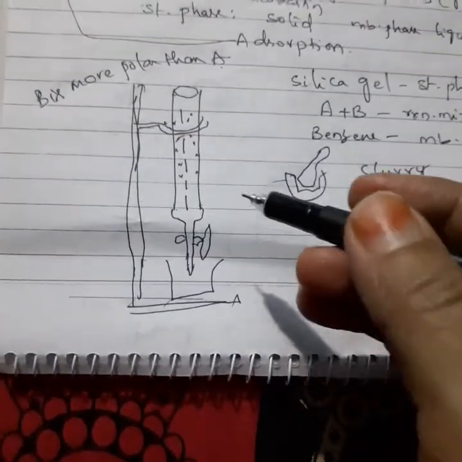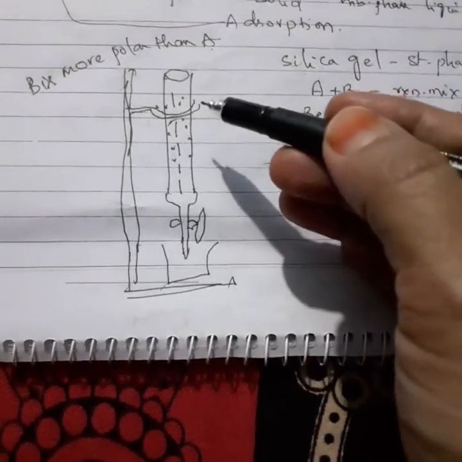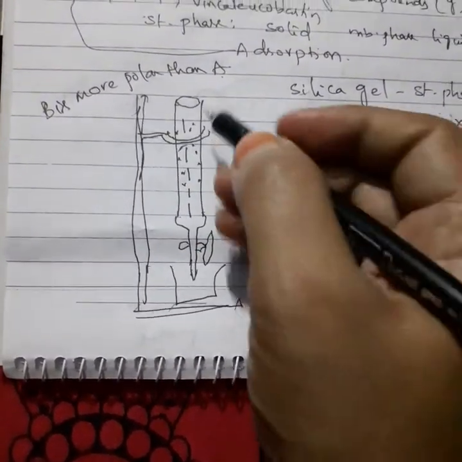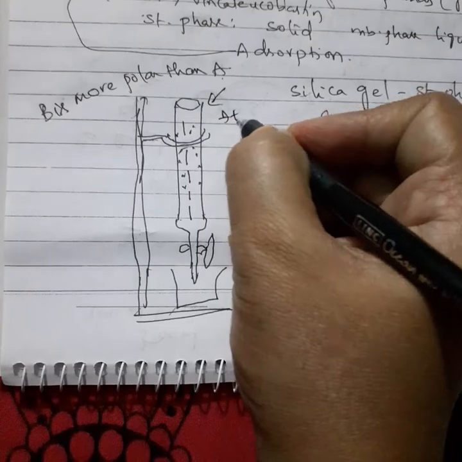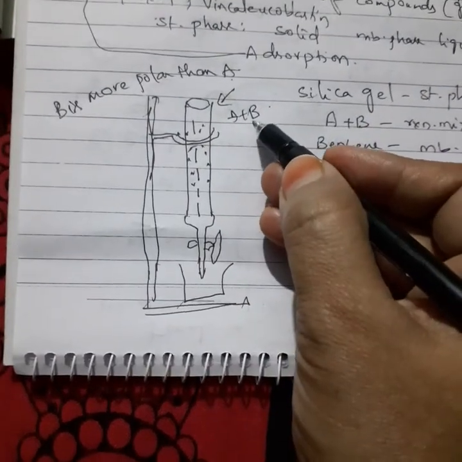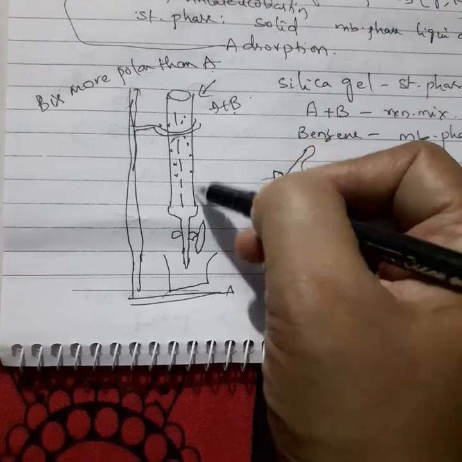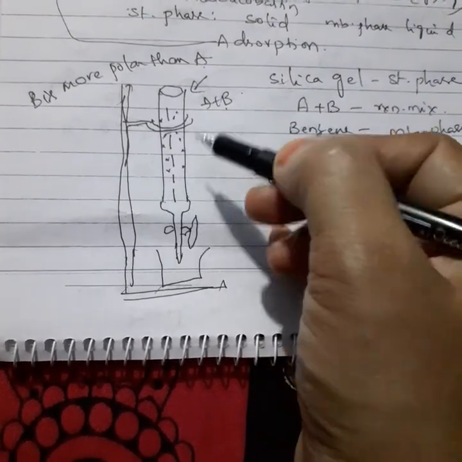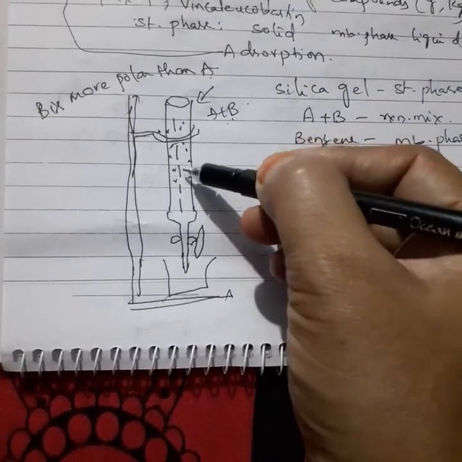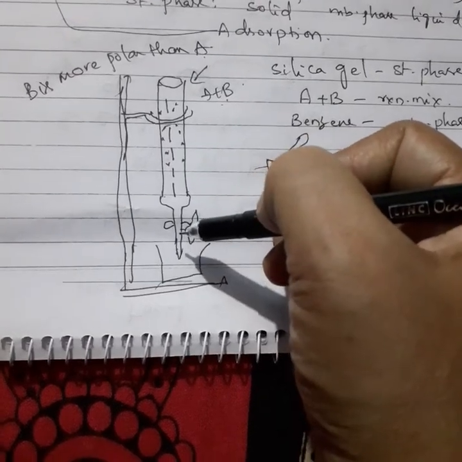See, last class I showed this diagram to you, right? When B and A are introduced into this column, because B is more polar than A, B is more adsorbed to this stationary phase, whereas A will move quickly along with the mobile phase.